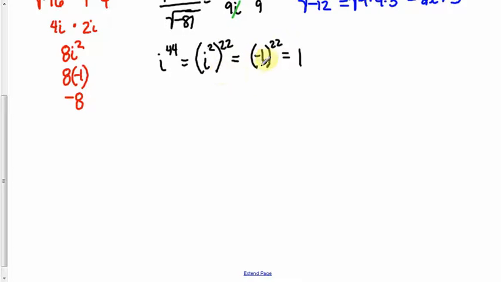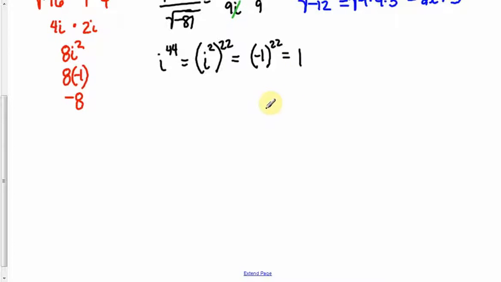You replace i squared with negative 1 to the 22nd power, and then you do what you know to do as far as raising numbers to powers. A negative raised to an even power is always positive, and 1 raised to any power is always 1. You could also type this in your calculator. You just have to make sure that you put parentheses around the negative 1. Okay?